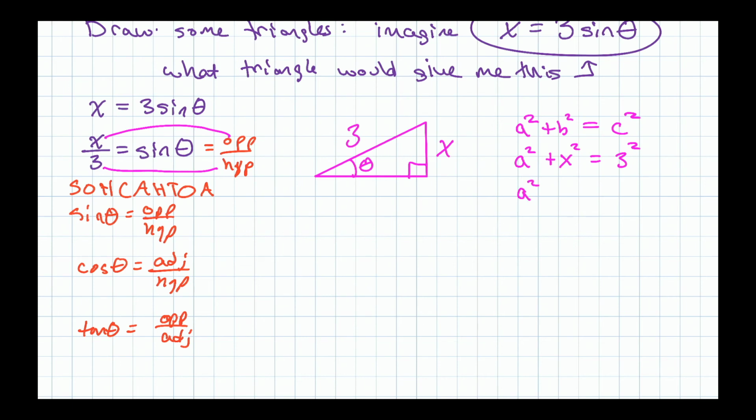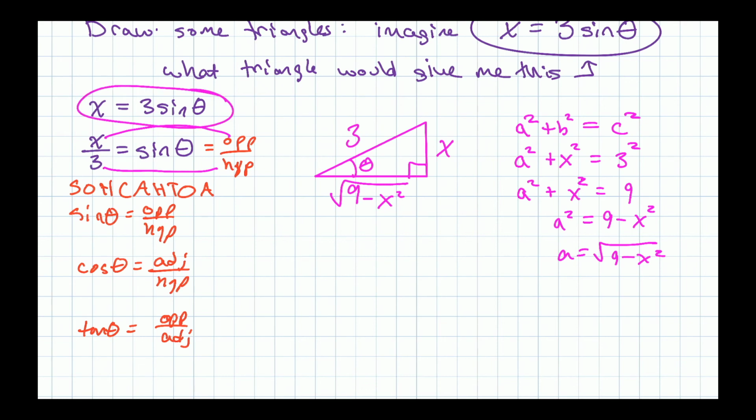A squared plus x squared is 9. Move the x squared over, so a squared is 9 minus x squared. And so a is going to be square root 9 minus x squared. And there you go. That's the triangle that corresponds to x equals 3 sine theta.